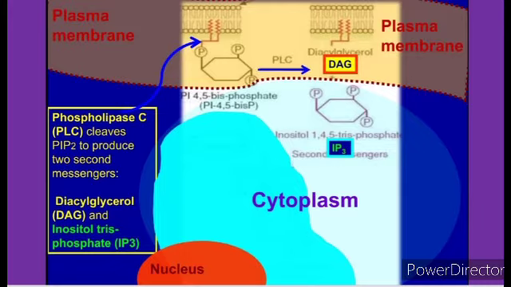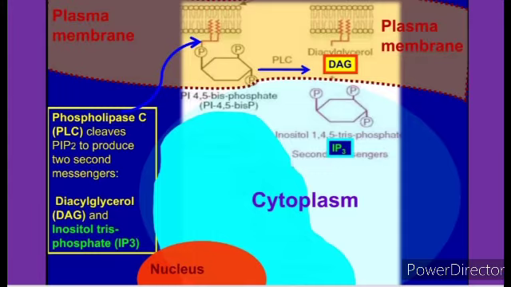Would these then qualify as second messengers? Yes, they do, because before receptor activation, they were absent. After receptor activation, their amounts increased. This is very key to the definition of a second messenger: something that is produced inside the cell after receptor activation.